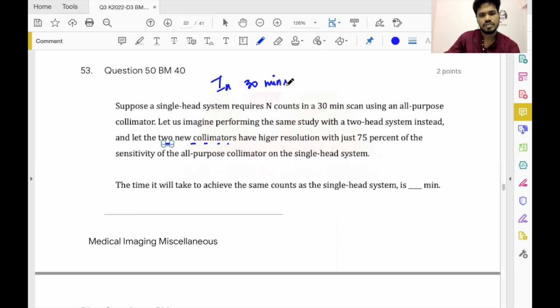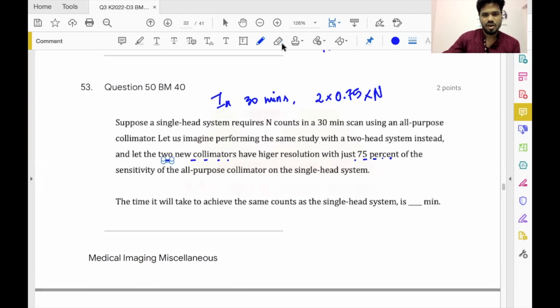Sensitivity is reduced only to 0.75, so one of them will get 0.75 times n, and two of them will get 2 times this times n. So in 30 minutes we get this much count.